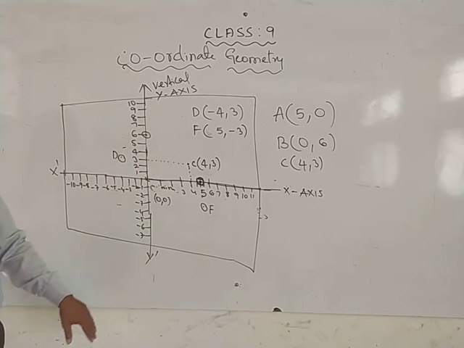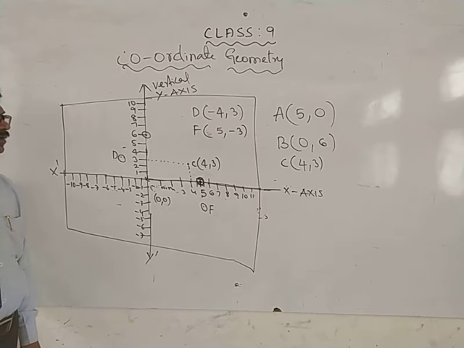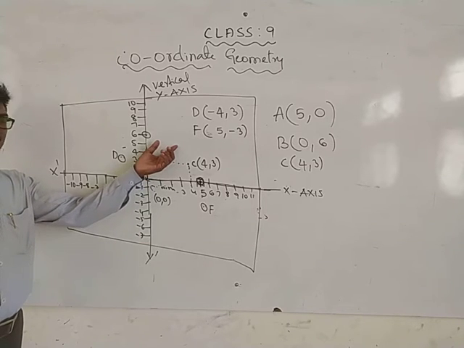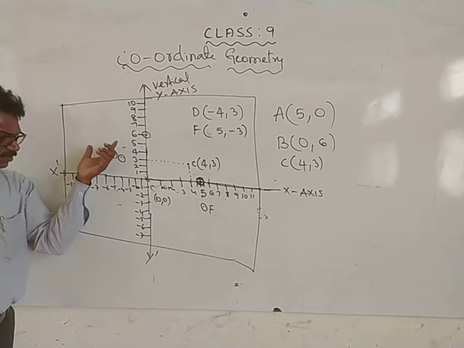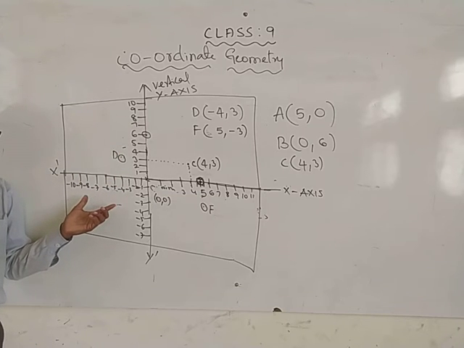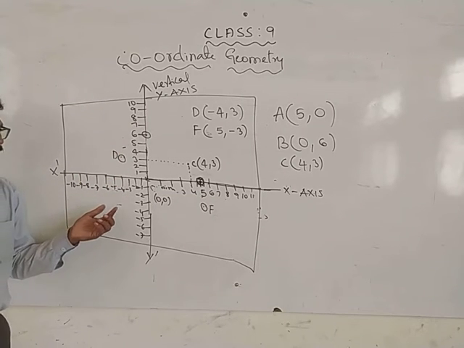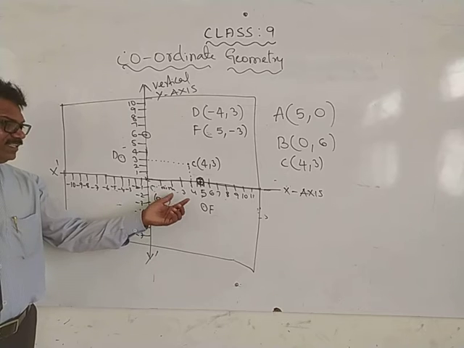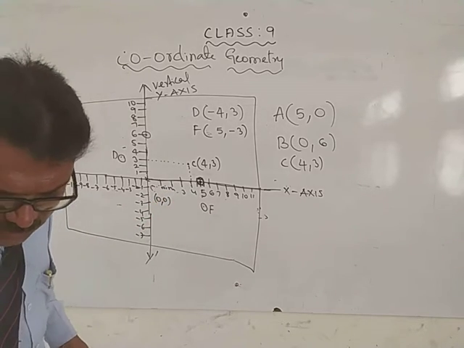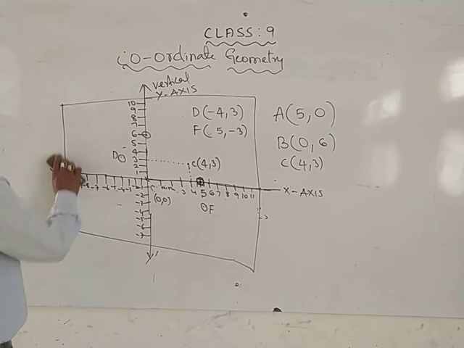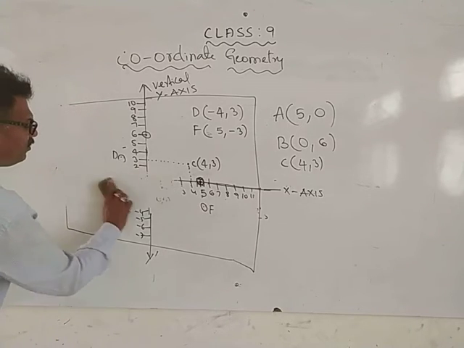This plane is known as the Cartesian plane. In the first quadrant both are plus. In the second quadrant X is negative and Y is positive. In the third quadrant both are negative. And in the fourth quadrant X is positive and Y is negative.